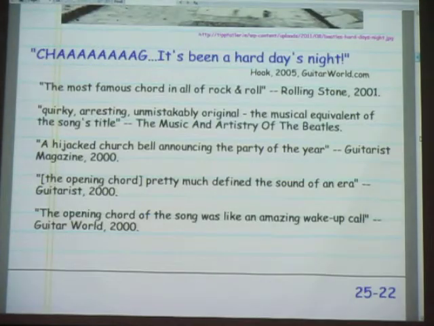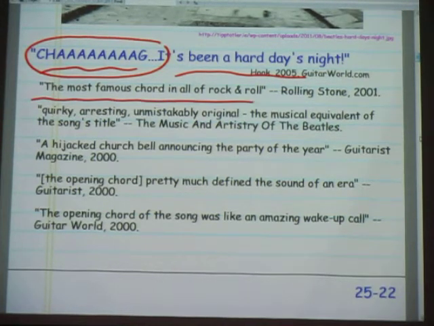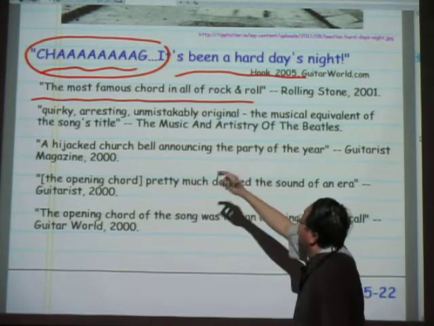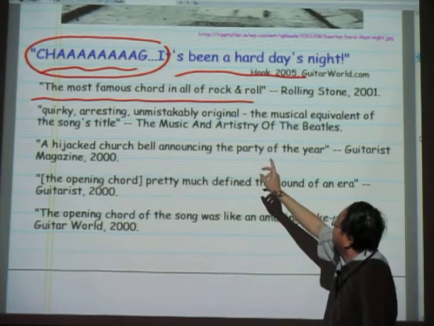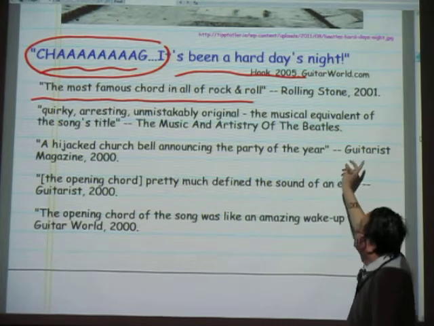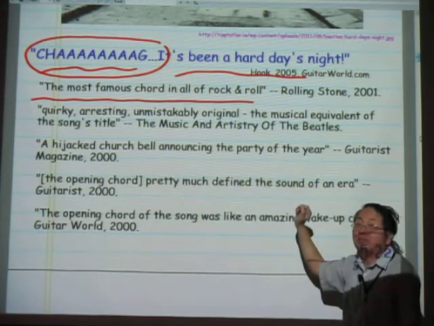This is an article, and this is the opening chord here. So when you listen to the song, pay attention to the opening chord, and this is the most famous chord of all rock and roll. This is by the Rolling Stones, 2001. Quirky, arresting, unmistakably original, the musical equivalent of the song's title, the music and artistry of the Beatles.